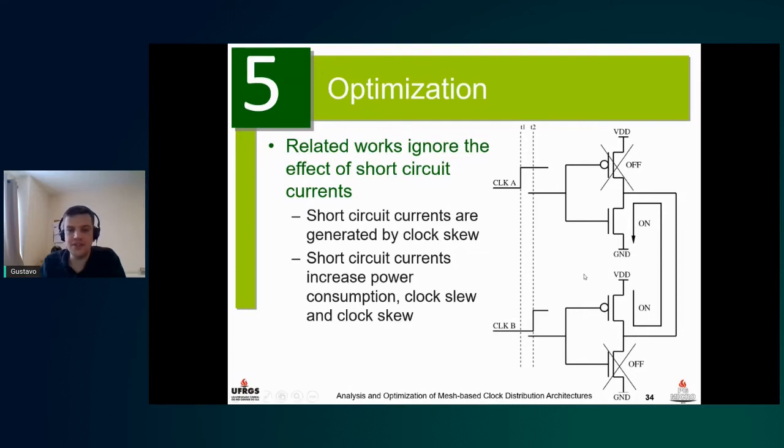That short circuit current is responsible, first, for the compensation effect of the clock mesh that will make the faster buffers go slower and the slower buffers go faster. But it will also produce a large power consumption, and it may also cause a larger clock slew.